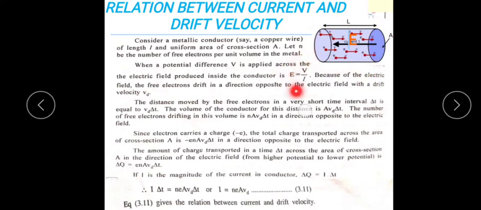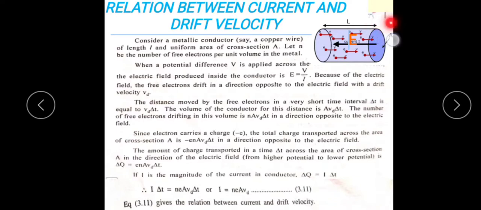Then the produced electric field is E equal to V divided by L. Because of the electric field, the free electrons drift in the direction opposite to the electric field with the drift velocity Vd.